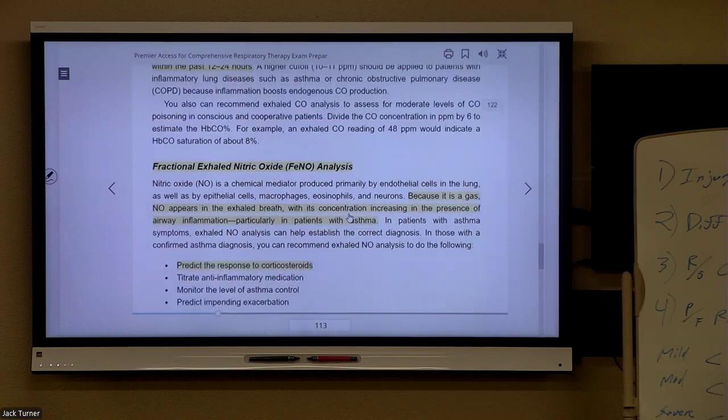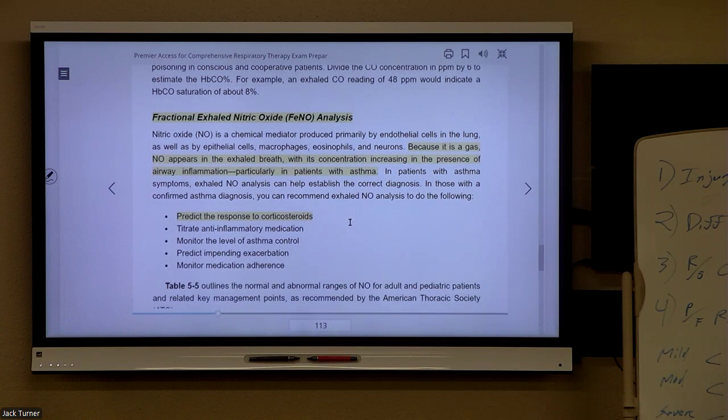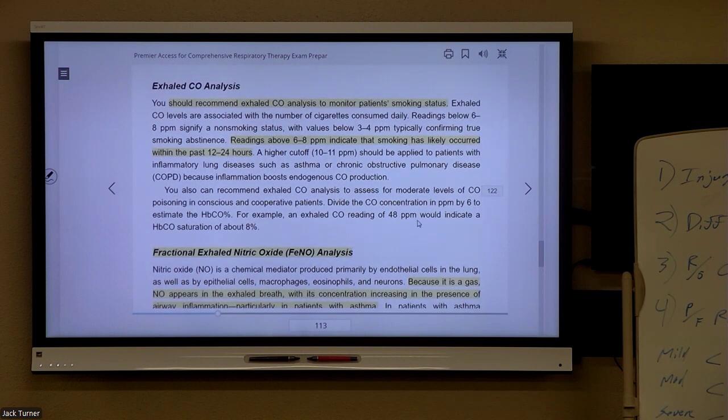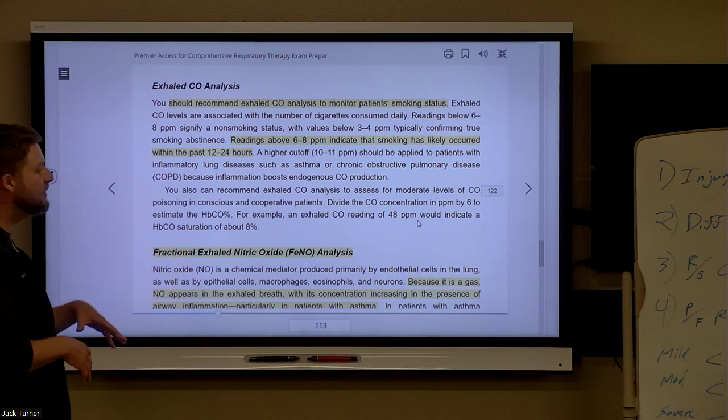Okay, the other exhaled gas that we're looking at is your pheno, your exhaled nitric oxide. As far as I know, carbon monoxide could be a little bit higher with inflammatory response diseases, but I've never seen anything on the board on that, so I didn't go into it.